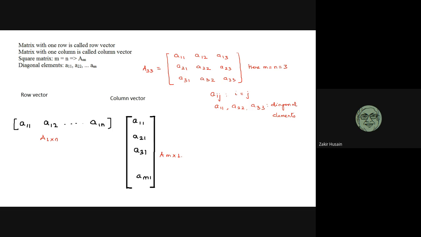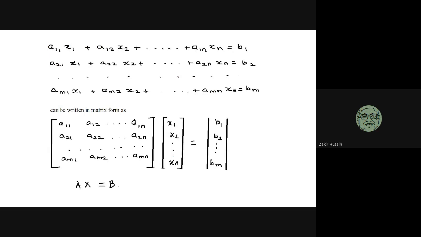Each of the components is given by aij. If i is equal to j, that is a11, a22, a33, and so on, these are called the diagonal elements. Now the linear equation system can be written in a matrix form like this.